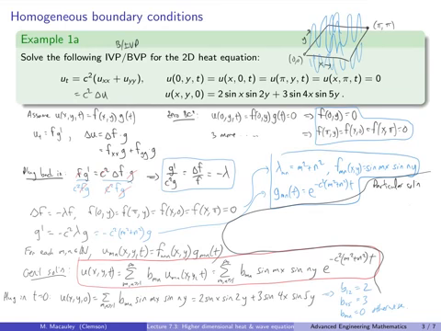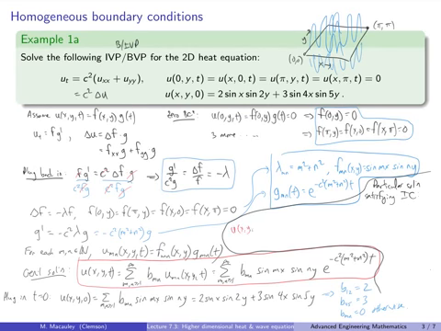So this is the particular solution satisfying the boundary and initial conditions. Or you can say satisfying the initial conditions, because we are already coming from where the boundary conditions are satisfied. So, the particular solution satisfying the initial condition, let's do it in red.